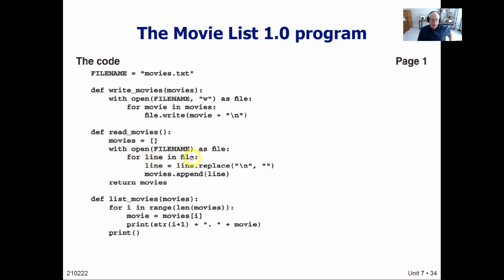We're going to read it one line at a time because that is the default. Read line method is the default. So line is going to be run through the replace method here to take the newline character off, and then we're going to append the movies list with each line that's in that file. And now we have our list in memory so we can start processing it.